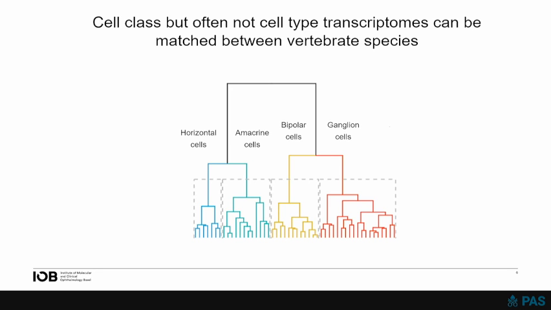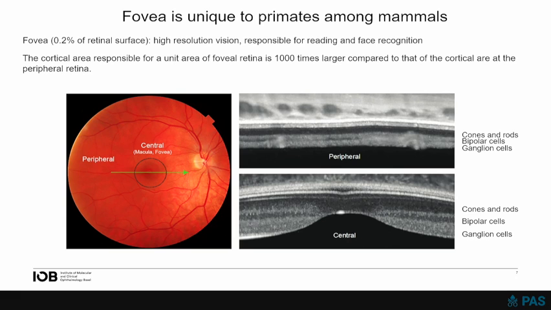The second one, and even more importantly, is that in humans, we have a structure called the fovea, which is missing in all mammals except in primates. And very interestingly, when you talk about vision, you only talk about foveal vision. We see patients coming in, their fovea is affected in macular degeneration, they come to you and they say blind.